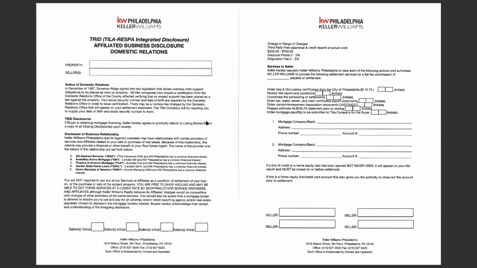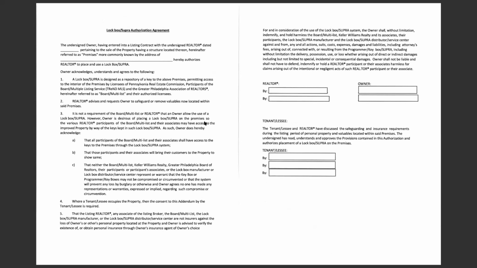Next form, please. We have a lockbox or supra authorization agreement. If you're putting a lockbox on a property, you need to have this form filled out. It is possible for a lockbox to be cut off the handle. Someone can jimmy open it and now have the key.